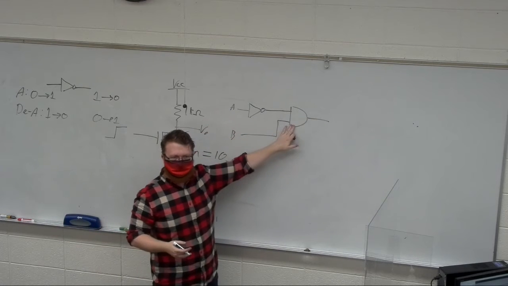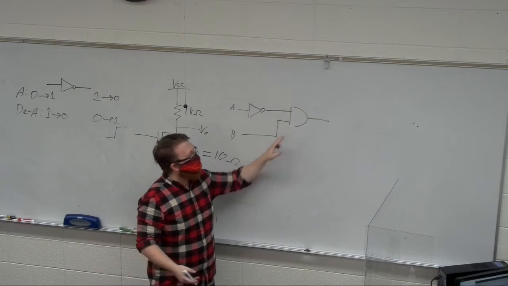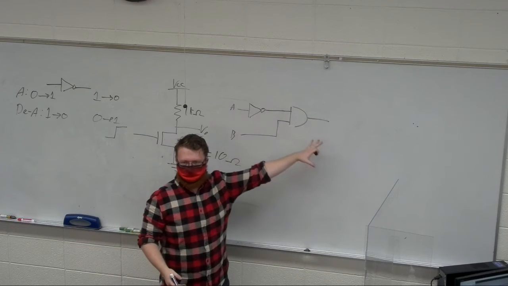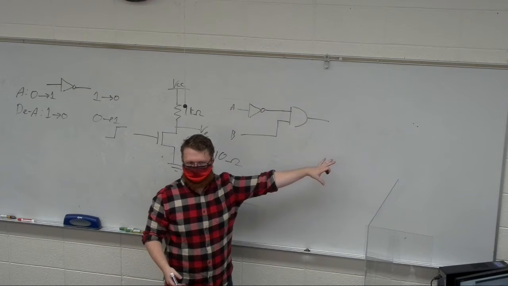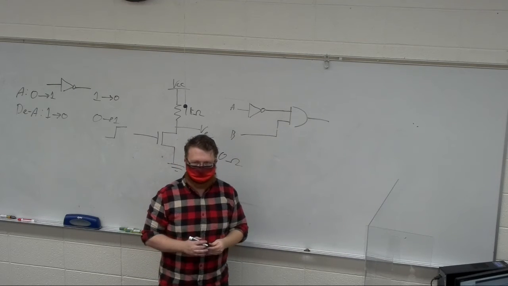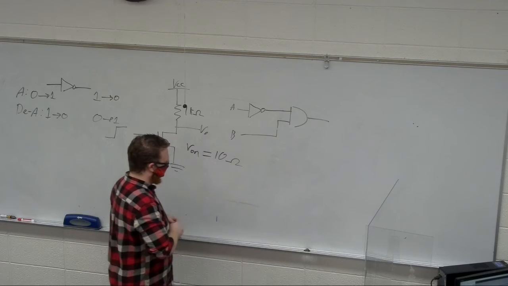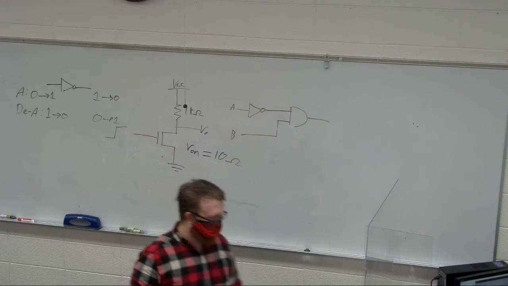Each gate has an assertion and de-assertion delay. But the overall circuit also has an assertion and de-assertion delay. And the longest of those is the propagation delay through the circuit. Is that more clear? Yeah. Okay.